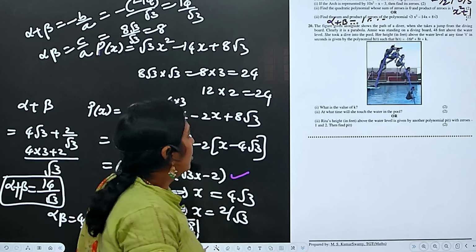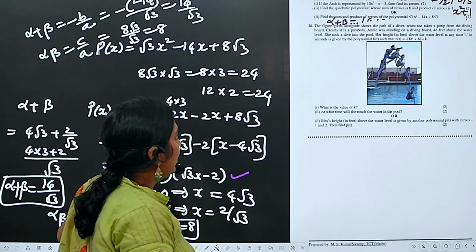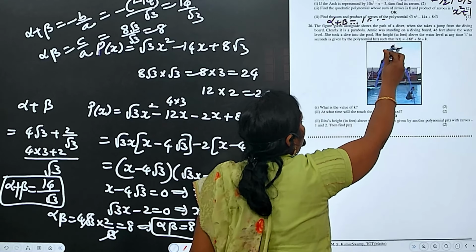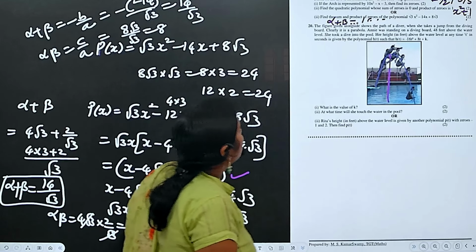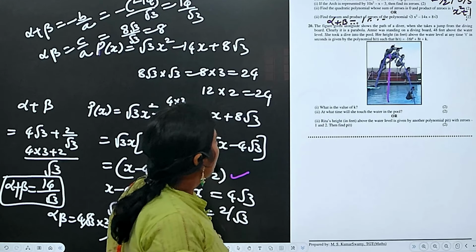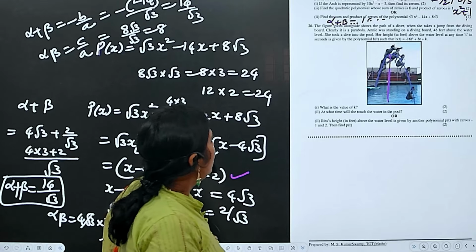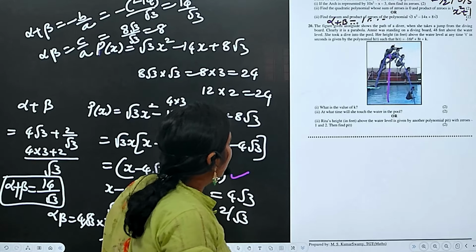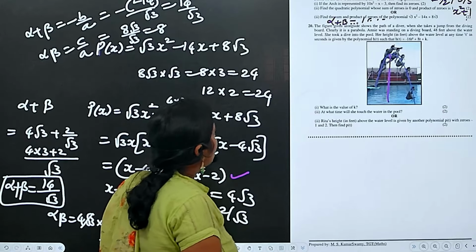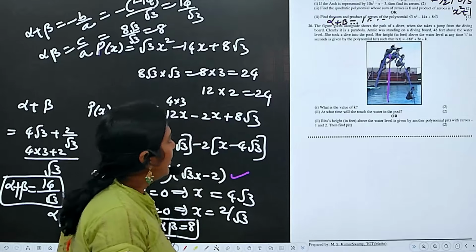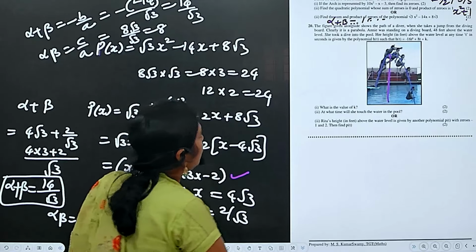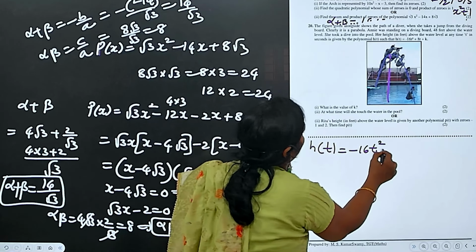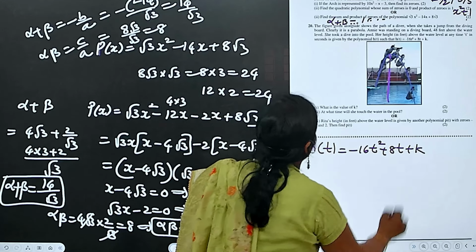Annie was standing on a diving board 48 feet above the water level. She took a dive into the pool. Her height in feet above the water level at any time t in seconds is given by the polynomial h of t such that h of t equal to minus 16t square plus 8t plus k.